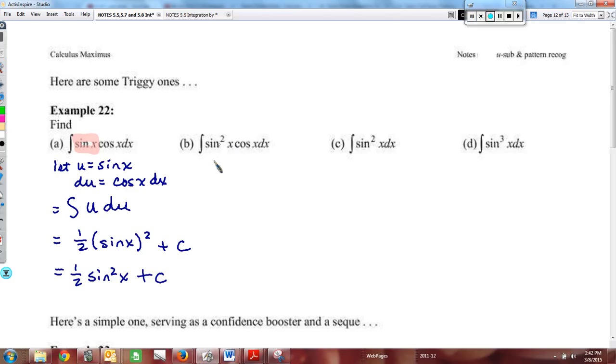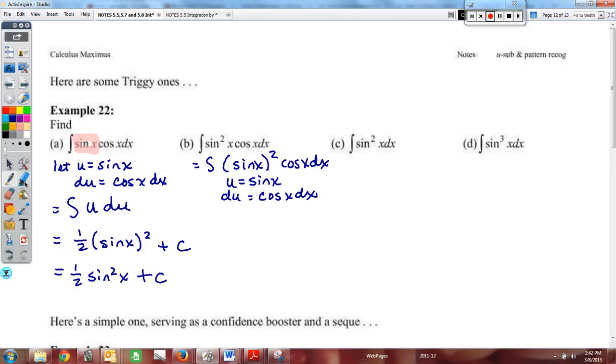Then we see something like this, and again, still going to be a standard power rule problem. I might rewrite this as sine of x squared cosine of x dx to reveal that I'm going to let my u equal sine of x here. My du is my cosine of x dx.